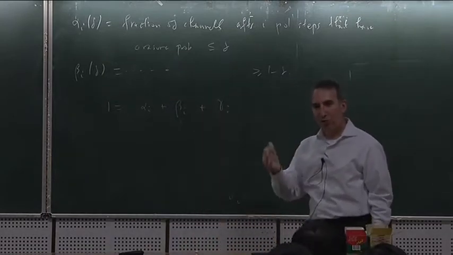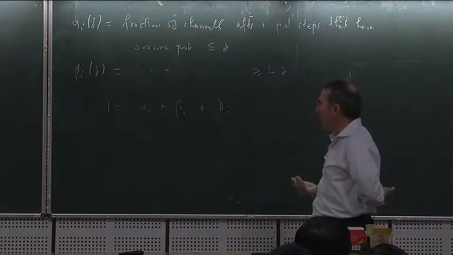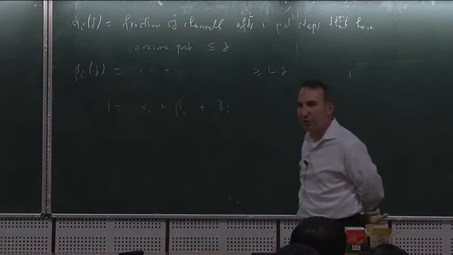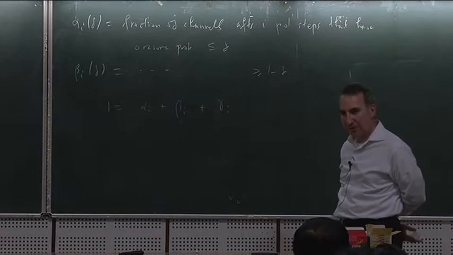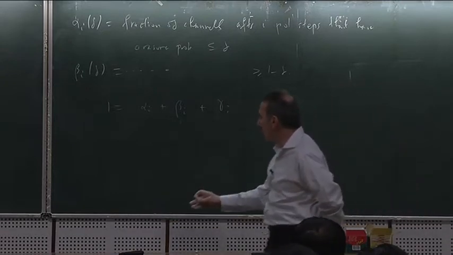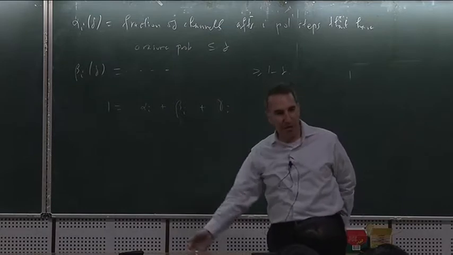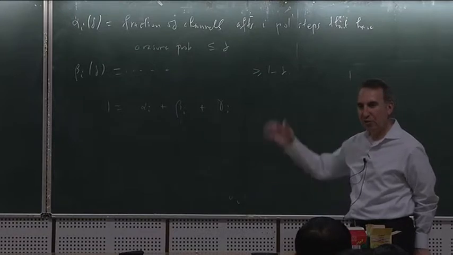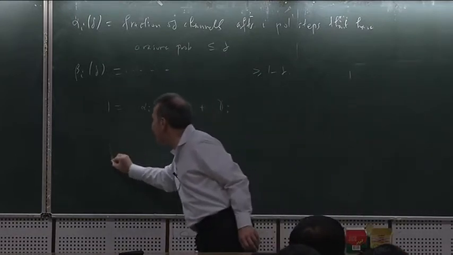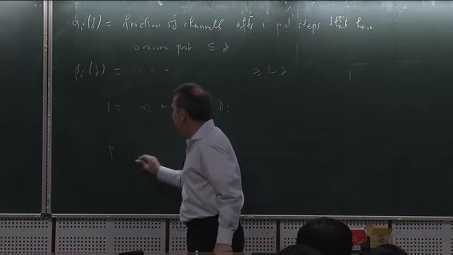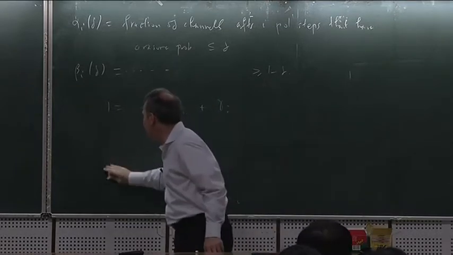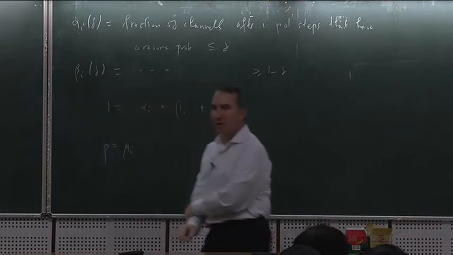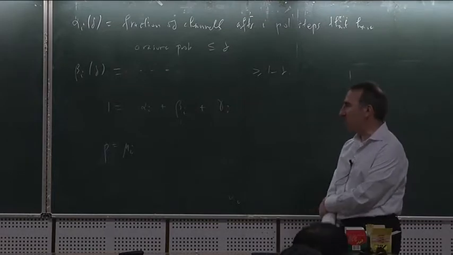We also have the following things. Each of these channels here has erasure probability at most delta. So if I look at the sum of the erasure probabilities of all the channels, whose average we know to be P, so P is mu I, for each I we have this.